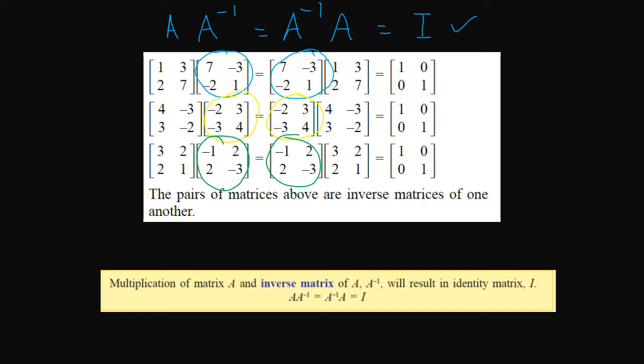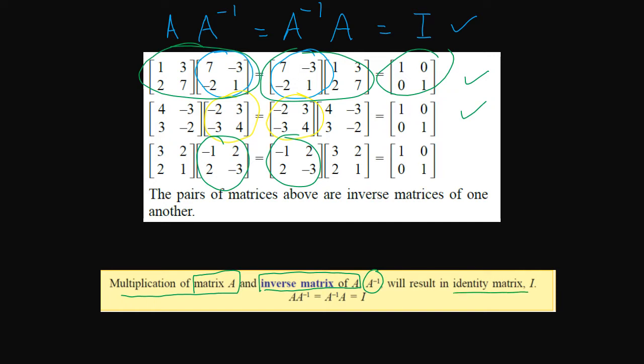You can actually prove it. Try to calculate this one and this one. Do you get 1, 0, 0, 1? Yes, you got it. So you can say that the multiplication of matrix A and the inverse matrix of A, that is A minus 1, will result in the identity matrix.